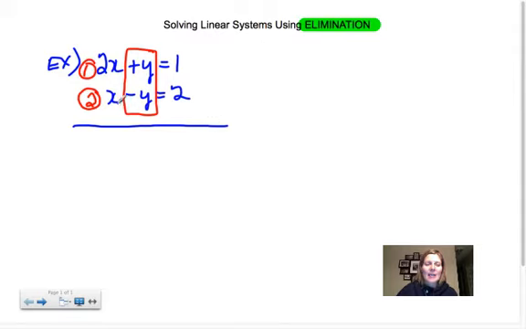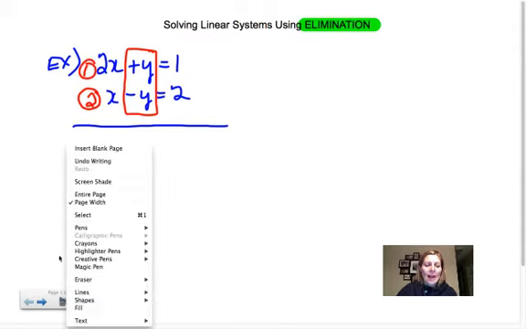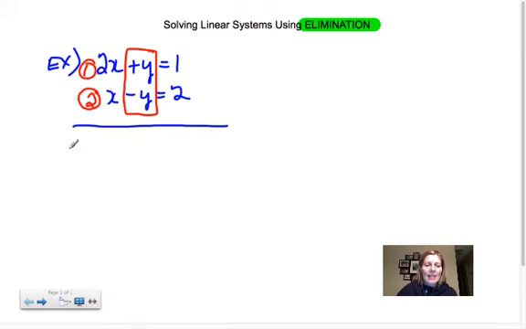When I eliminate the variables, I either add the two equations together or I subtract them to get rid of them. So we have to ask ourselves logically, if I have a plus y and I have a minus y, what am I going to do to make it so I have no more y's at all?